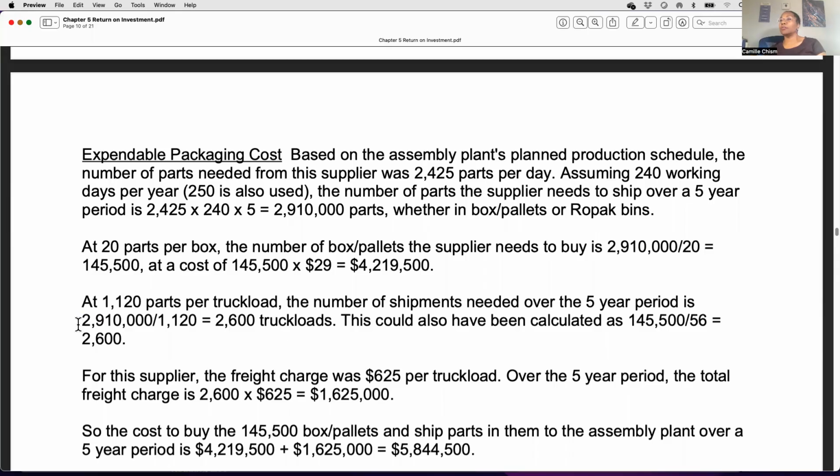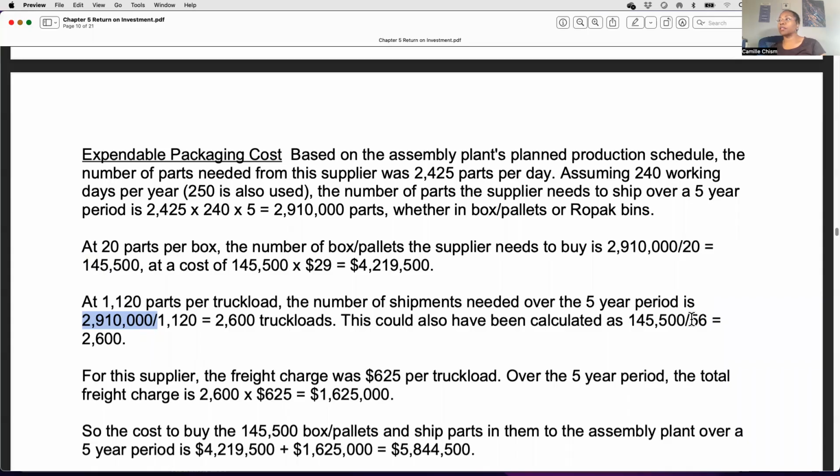Okay, so you can either do this divided by the 1,120, or you can say 145,500 parts, or boxes, I'm sorry, divided by 56, because you have 145,500 boxes total over the 5-year period, and you can get 56 on a trailer.